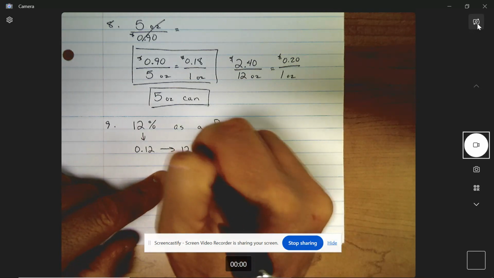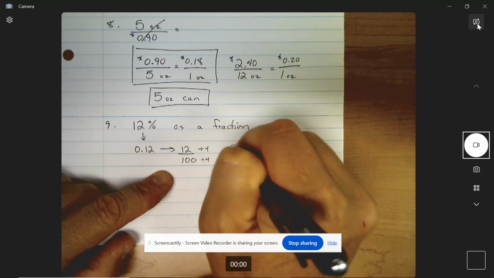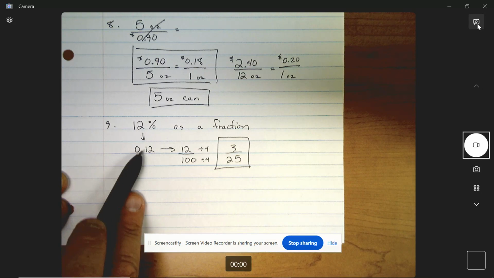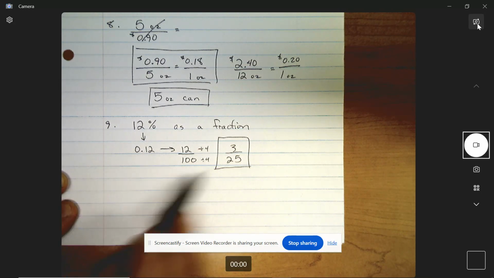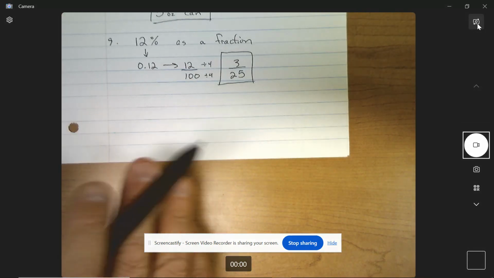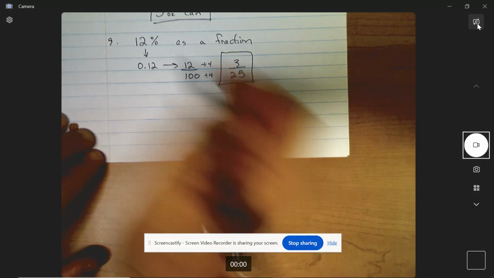Yep, you are right. So that'd be 3 over 25. So 12% equals 0.12 equals 3 over 25. How many people remembered how to do that? Me. Yay, I'm so proud of you.